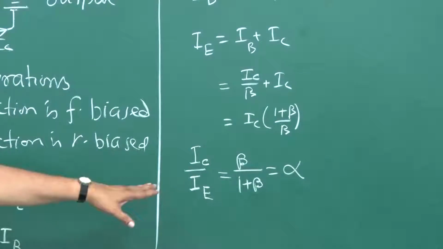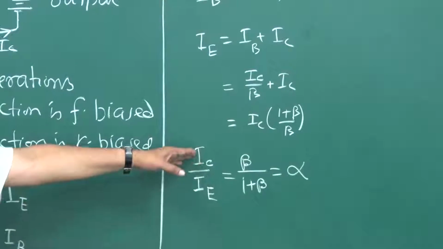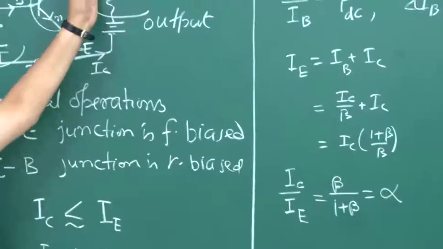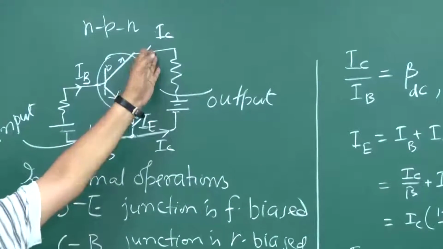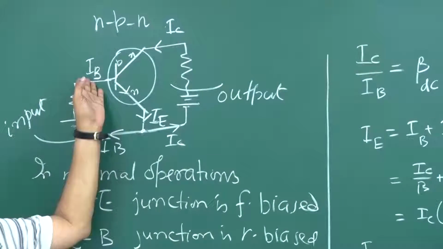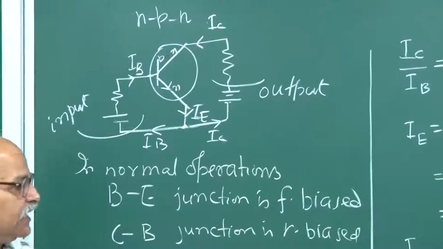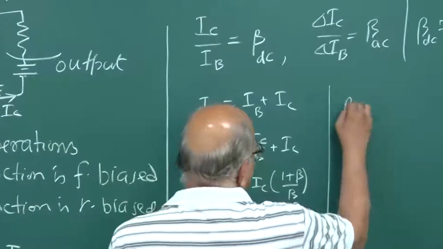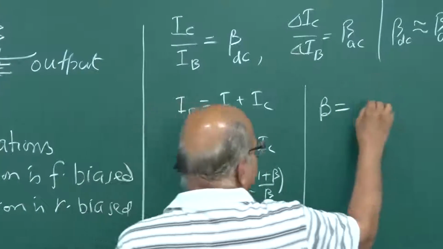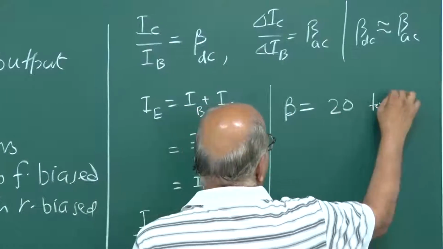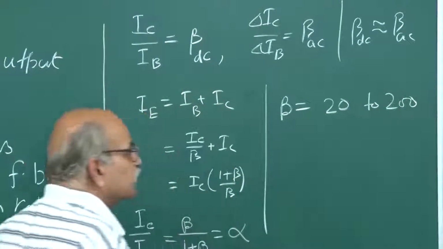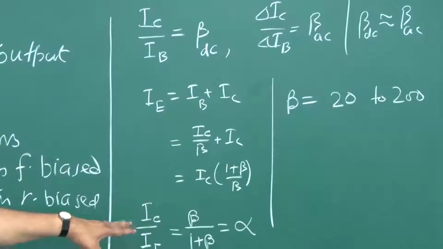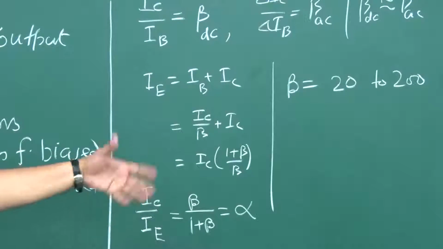So, alpha tells you what fraction of emitter current goes through the collector, whereas beta tells you the current ratio between this output collector current and this input base current. Typically this beta will be something like 20 to 200. 50, 100 is quite common, and correspondingly alpha will be 0.98, 0.99 like that.